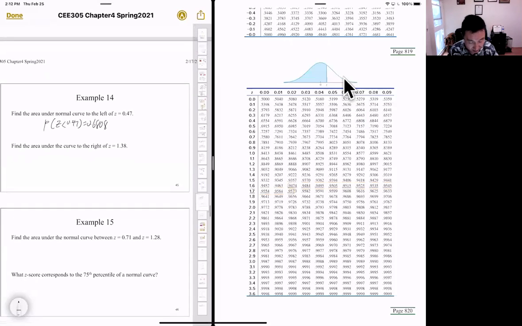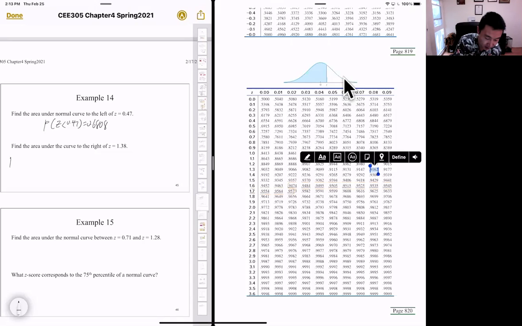Find the area under the curve to the right of z equals 1.38. First, let's find the value for 1.38. 1.3 is here, and 0.08 is here, so the value is 0.9162. Remember, the z table tells us the left-hand tail, so P(Z less than 1.38) is 0.9162.